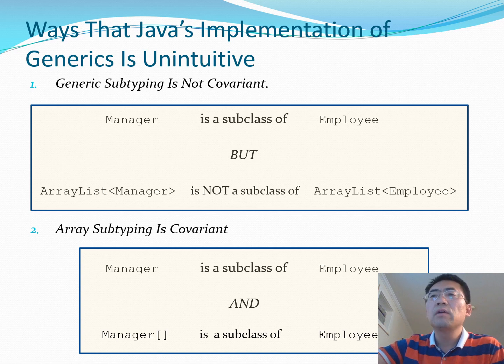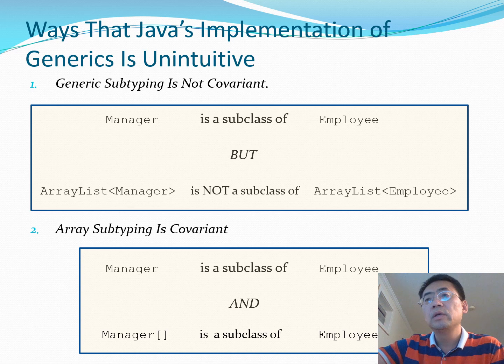But the way that Java implements generics is not that intuitive. For example, Manager is a subclass of Employee, but an ArrayList of Manager is not a subclass of an ArrayList of Employee.